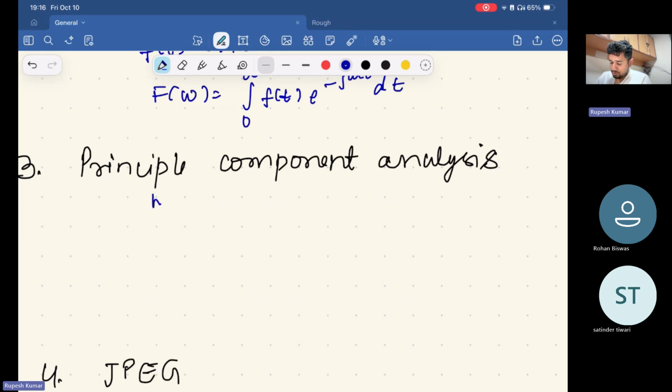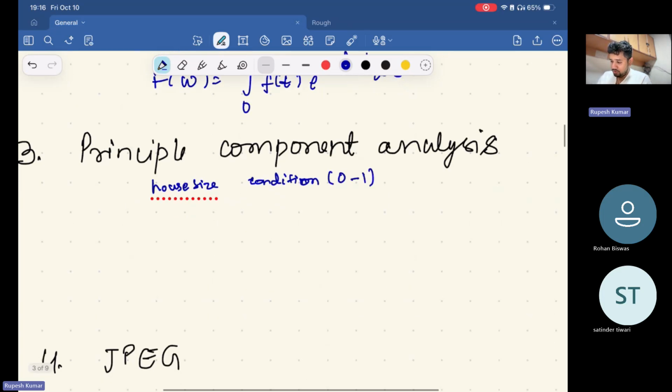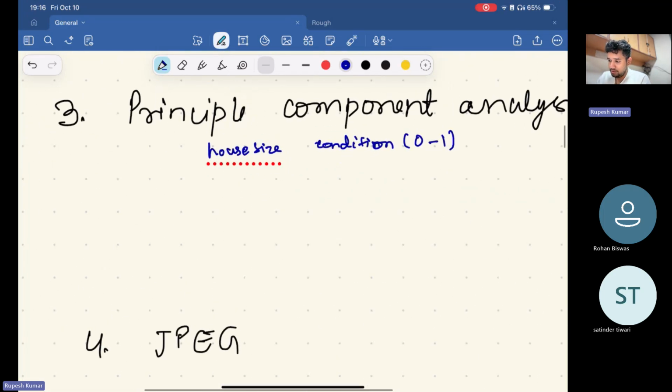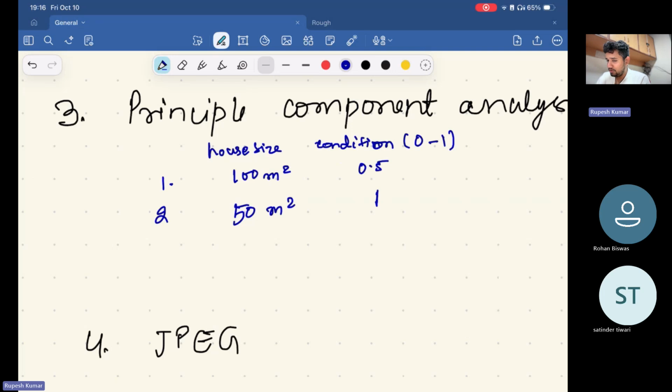Let's say a house size, and a condition, which may be a number between 0 and 1, 0 being the poorest and 1 being the best, and house size being any natural number. You have some data of some location. House 1 has a size of 100 meters squared, and the condition is 0.5, half built. The second house is of size 50 meters squared, but completely built.